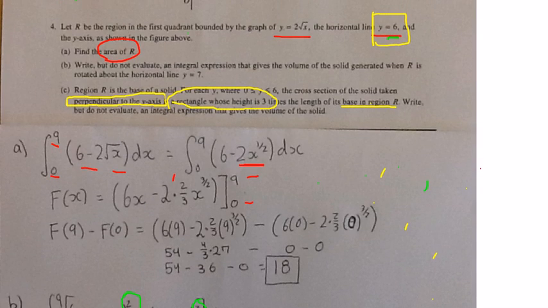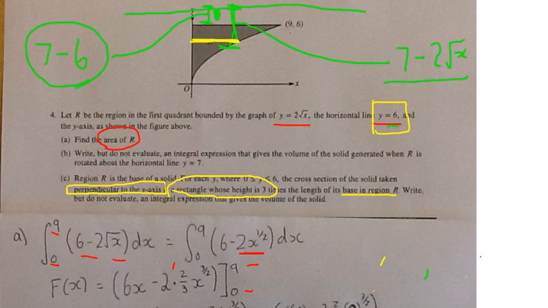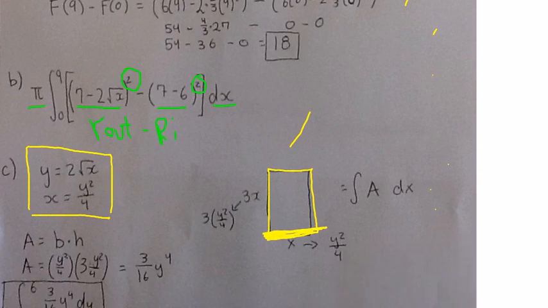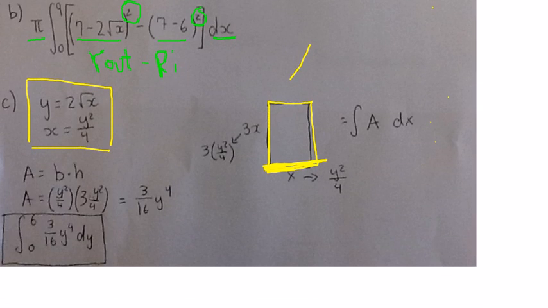Now, what exactly is this region? It's going to be the area of this function going down to the y-axis. So we've already solved for the function in terms of y. So x is the function in terms of y.